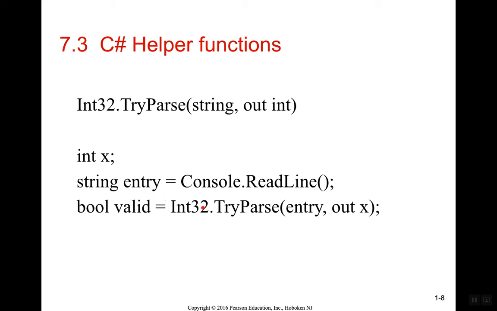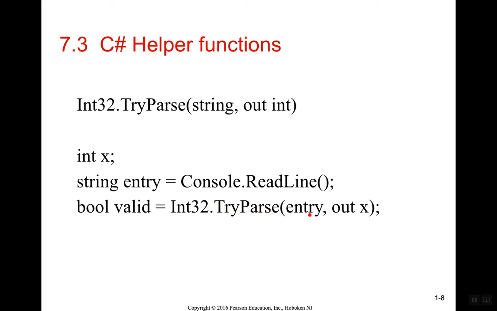We then call Int32.TryParse. So we're using the Int32 class, just like we use the Convert class. We're going to send a string value, and we're going to send this special kind of variable called out x. Out here is a reserved keyword. What this does is it says, try to parse this string value entry into an integer.